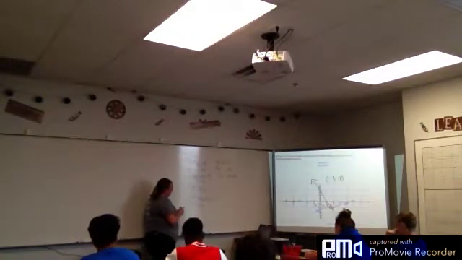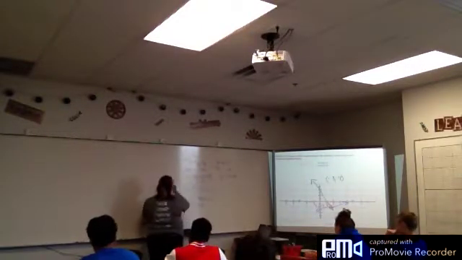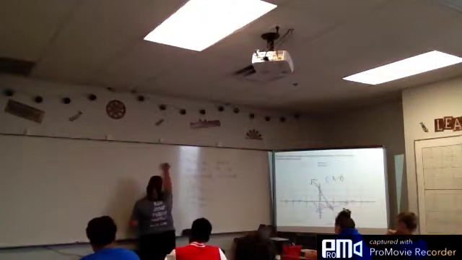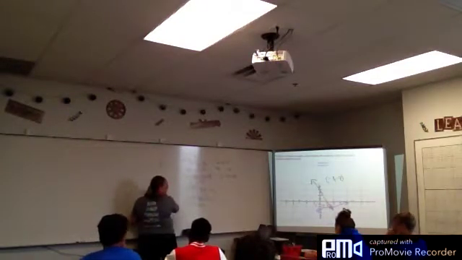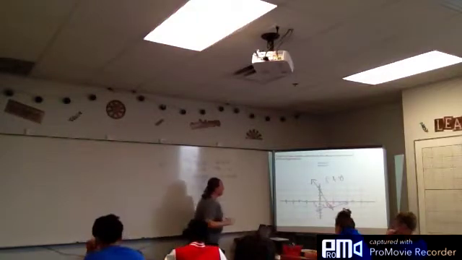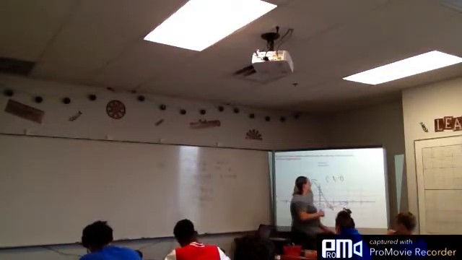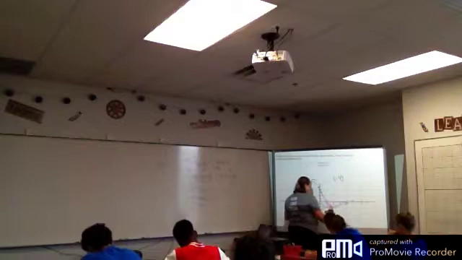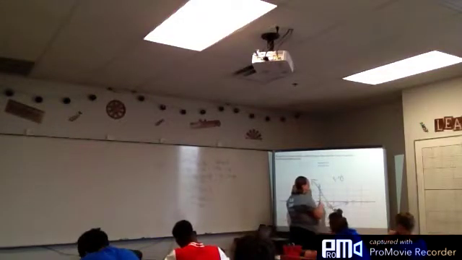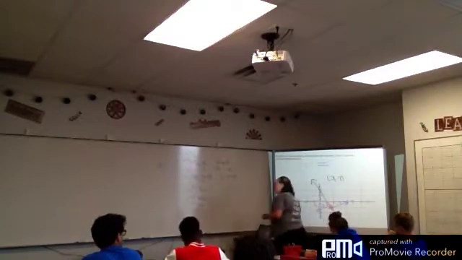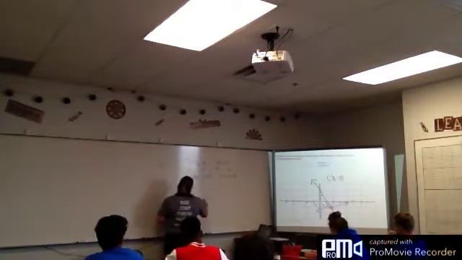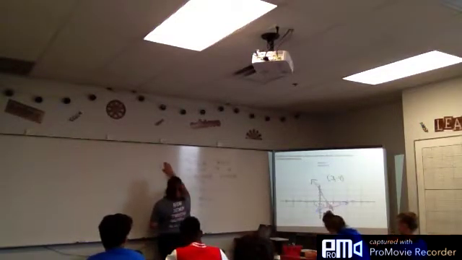It can't be right. Wait a second. Isn't it positive 3, negative 4? I'm stupid. It is positive 3, negative 4. Good job, Katie. Okay, so it is positive 3, negative 4, right?